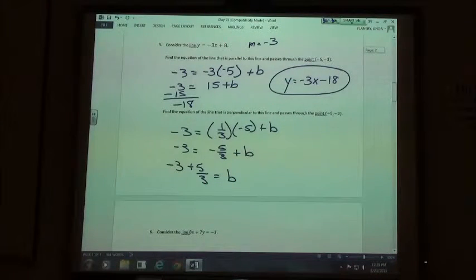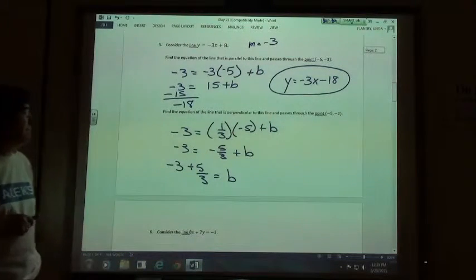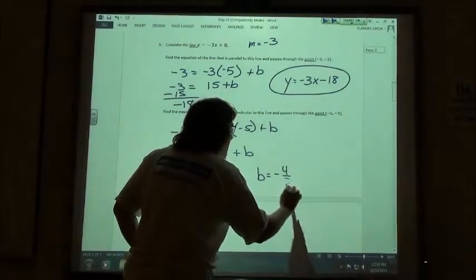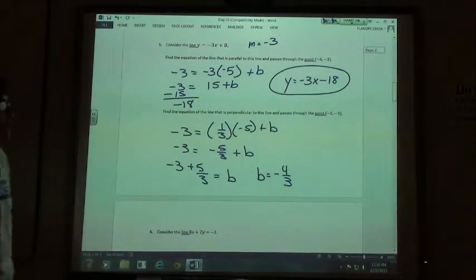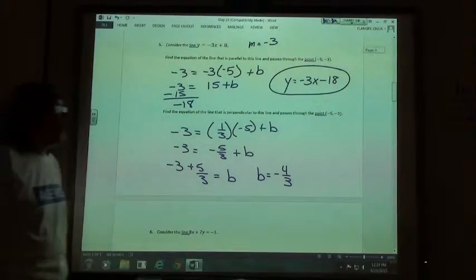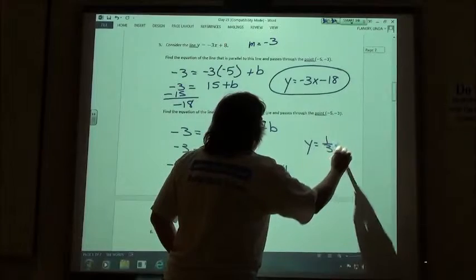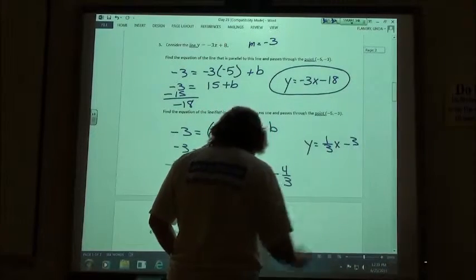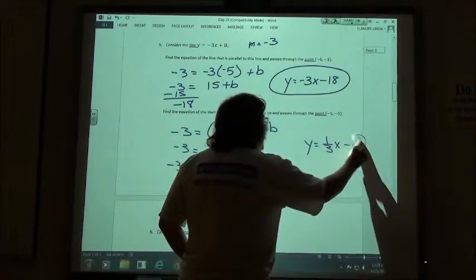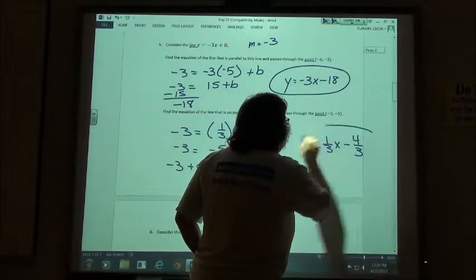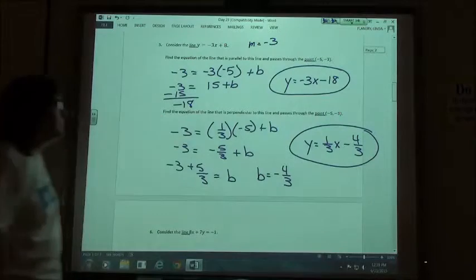What would be -3 plus 5/3? -4/3. And so my equation would be y equals 1/3 x, oops, as I write the 3, minus 4/3. So y equals 1/3 x minus my 4/3.